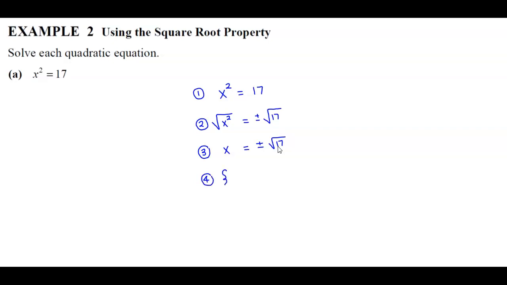The first one is the negative square root of 17 and then positive square root of 17. Or we can write it in a more simplified version as plus or minus the square root of 17. The reason why we didn't simplify this any further is because 17 is a prime number, so we don't need to go anywhere further with that.